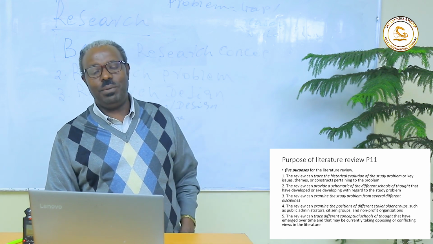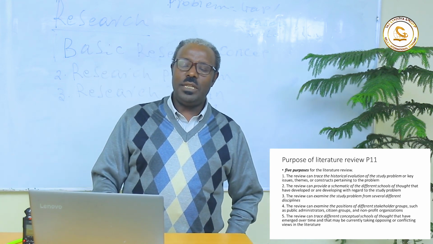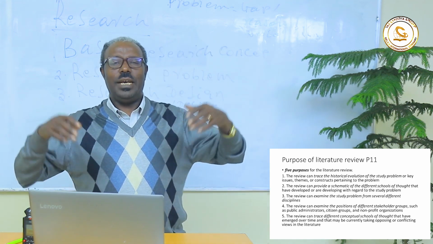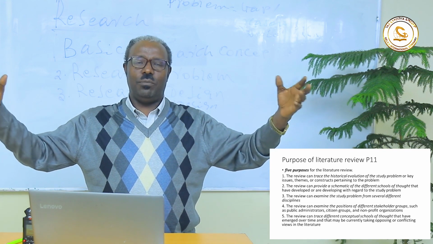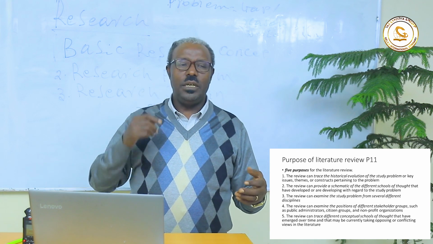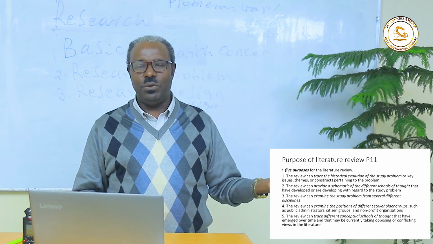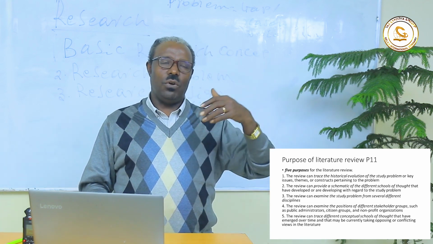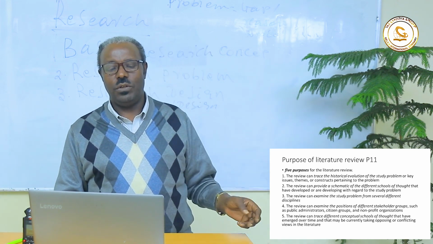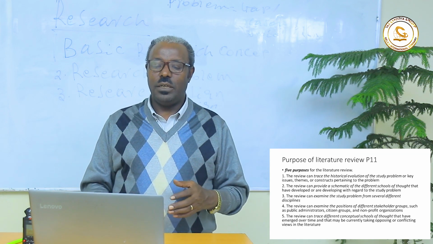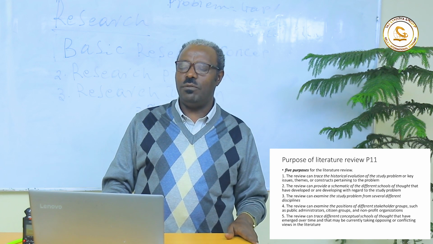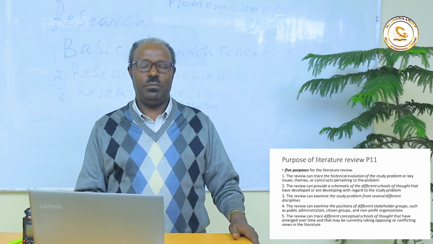Let us see on page 11 of your module. Let us see the purpose. There are 5 purposes of literature review. The existing documents, the existing books, the written or published books. When we say literature, there are written and published books, journals, articles, news, and so on. Number 1, the literature review can trace the historical evolution of the study problem.